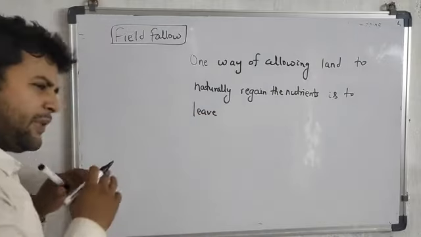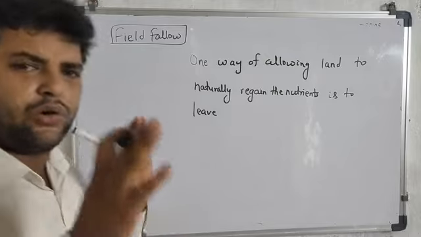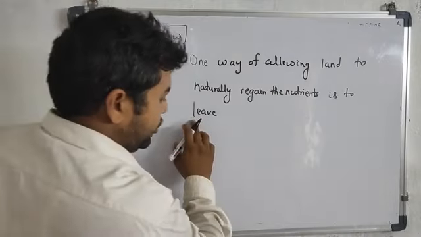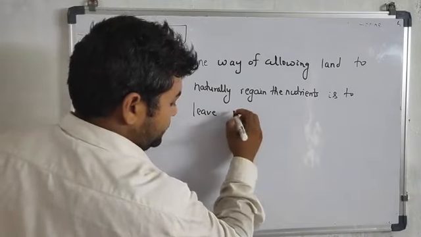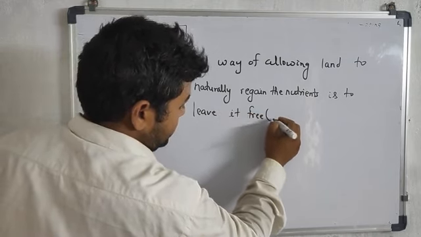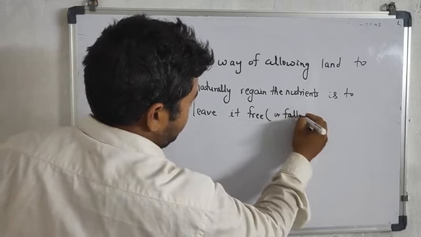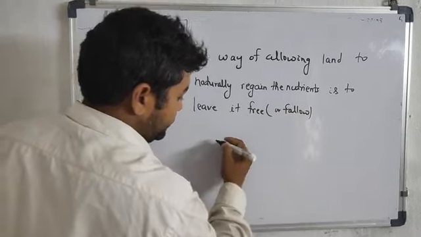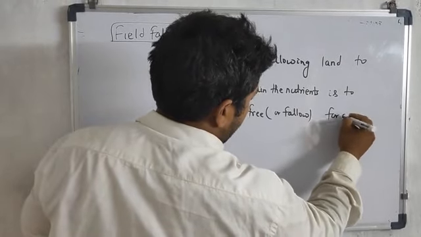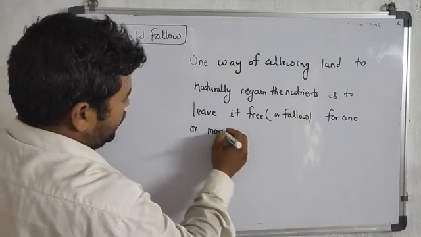Leave means simply leave that land. No crops will be cultivated over the land. So it is left free, or it is called fallow, for one or more seasons.